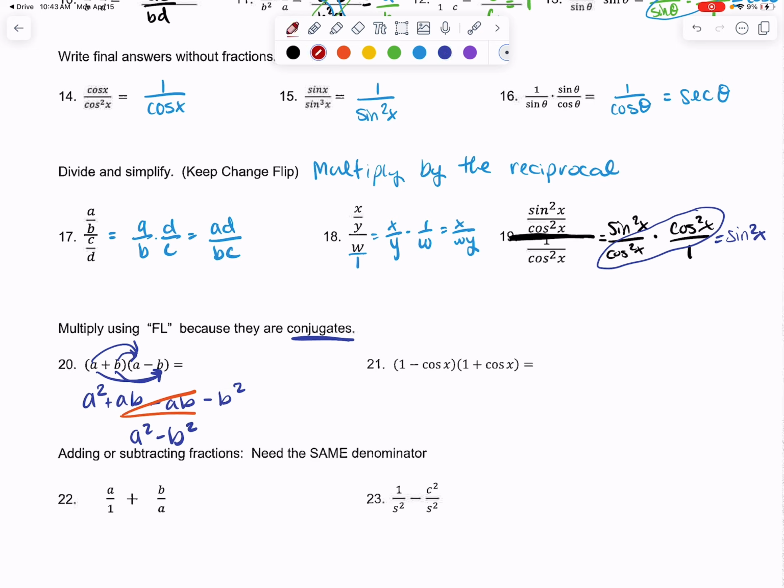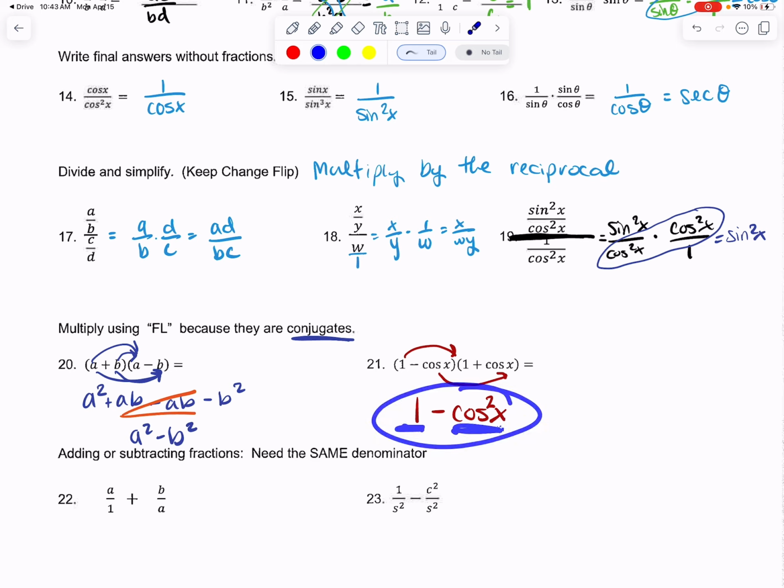So if I have 1 times 1 and cosine times cosine, negative cosine I should say, that is 1 minus cosine squared. If I were to do the inners and the inners make negative cosine and the outers make positive cosine because they are conjugates, which creates this difference of perfect squares. 1 is a perfect square, cosine squared is a perfect square.